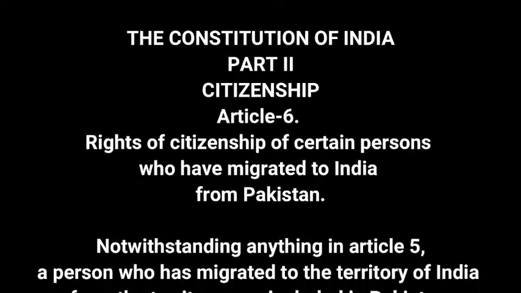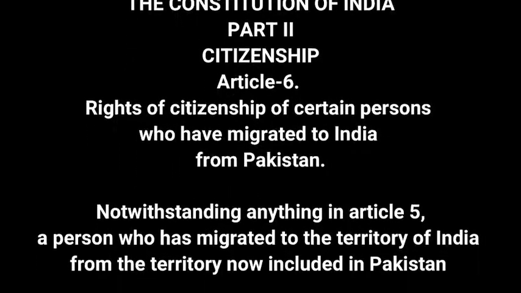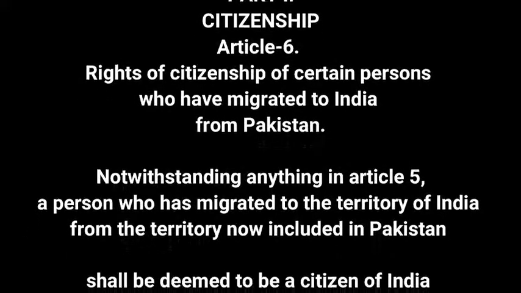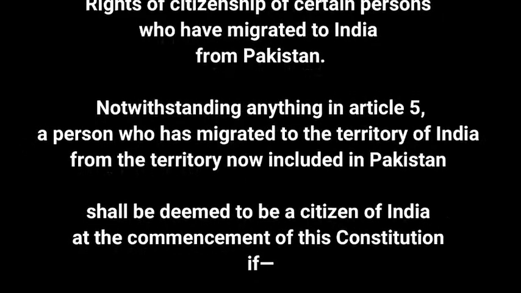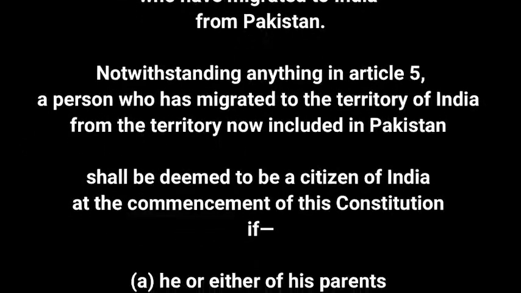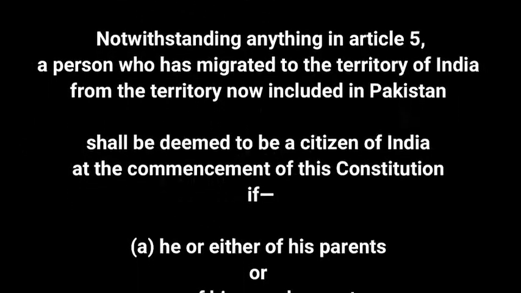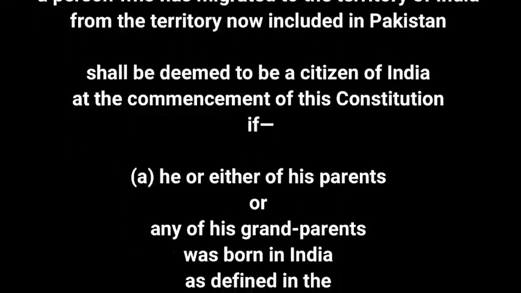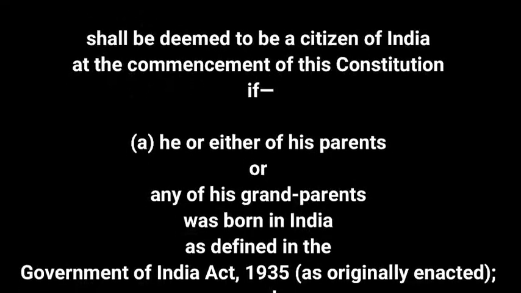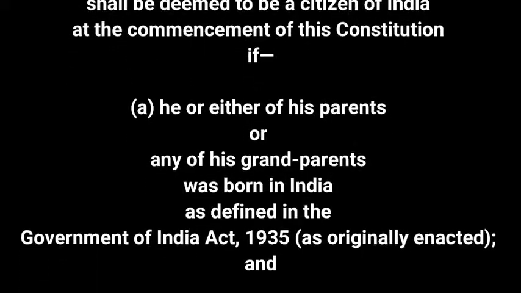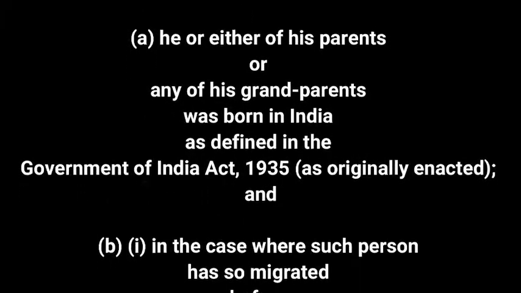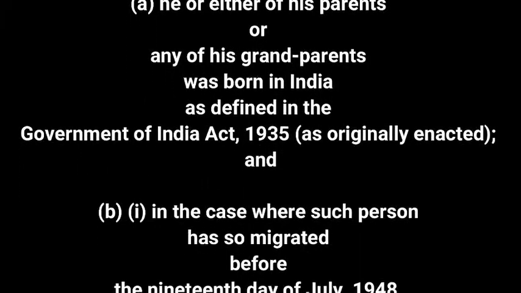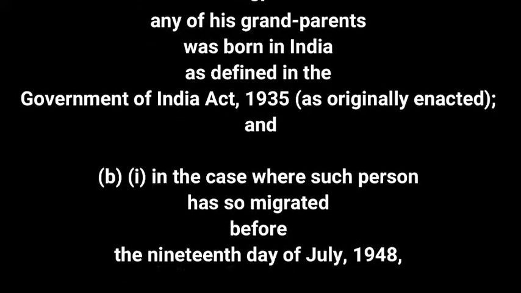Notwithstanding anything in Article 5, a person who has migrated to the territory of India from the territory now included in Pakistan shall be deemed to be a citizen of India at the commencement of this Constitution, if he, or either of his parents, or any of his grandparents, was born in India, as defined in the Government of India Act, 1935 as originally enacted.